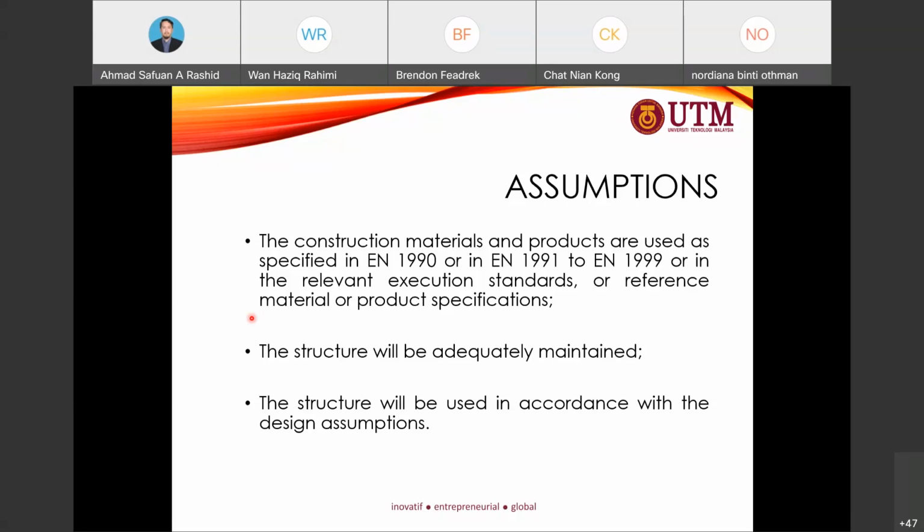So for example, if we want to build a guard house, it doesn't require us to carry out very extensive soil investigation work.